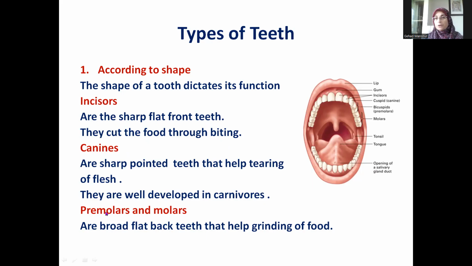The premolars are totally absent in milk teeth. In permanent teeth, you have premolars. You have 2 premolars on each side. And then you have 3 molars on each side. So all in all, each of the jaws, the upper jaw and the lower jaw in permanent teeth, each of them contains 16 teeth.